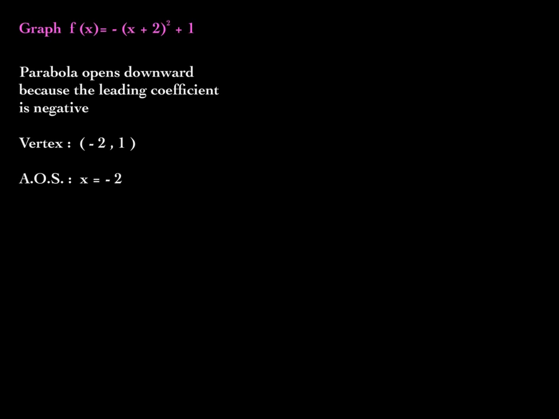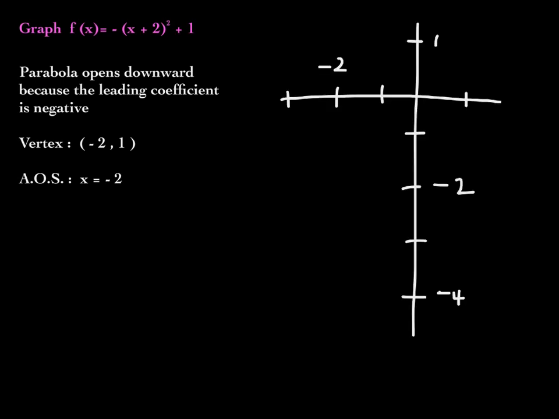All right, let's graph what we have so far. The first thing I'll do is plot the vertex, which is (-2, 1), right there. And then your AOS, remember the AOS is this vertical line that goes right through your vertex and cuts your parabola in half, like this. So this is all we have so far.